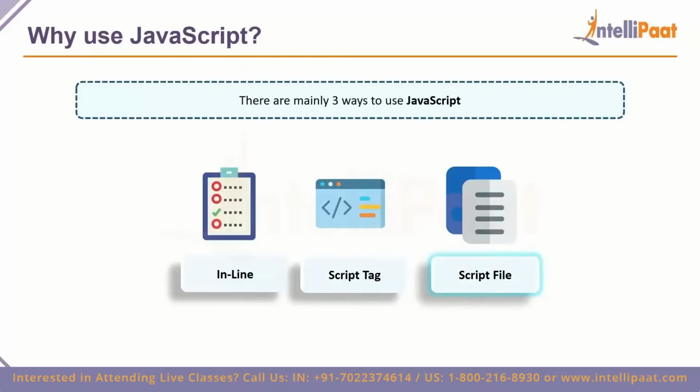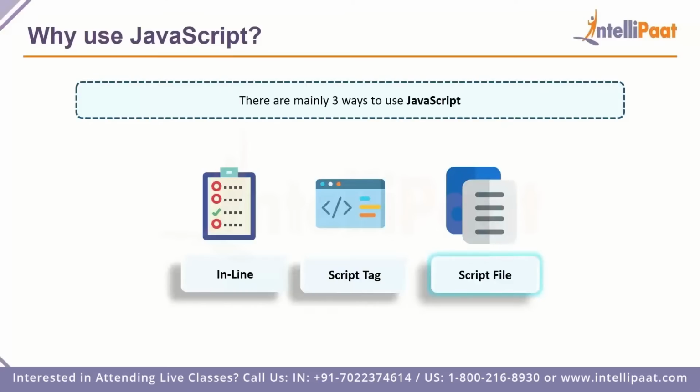Then come script files. Similarly to the script tag, you can write your script inside a file, give it the .js extension, which is the JavaScript file, and you can embed it inside your browser. So you are going to say, okay, after you're done loading the HTML page, load this file as well. This file contains some HTML code, and this file contains some JavaScript code that needs to be embedded in the HTML file.